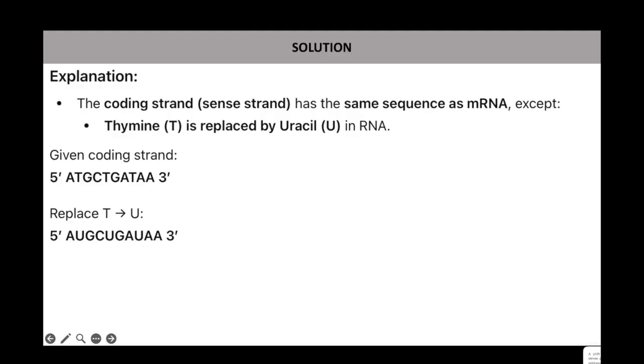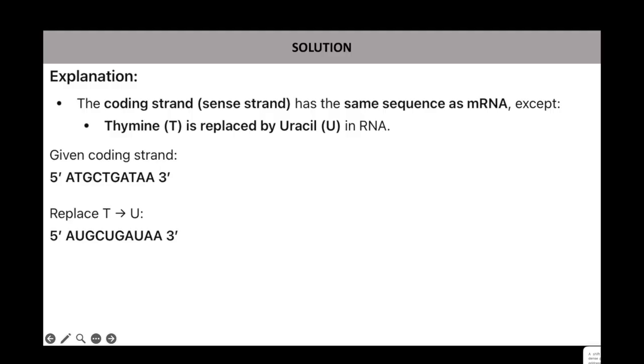But if the fragment is 5' to 3', then in this case the sequence of the sense strand, or the 5' to 3' strand, will be the same as the mRNA. The only difference will be the thymine, because DNA contains thymine, but RNA contains uracil. So all the thymine in this case will be replaced by uracil.